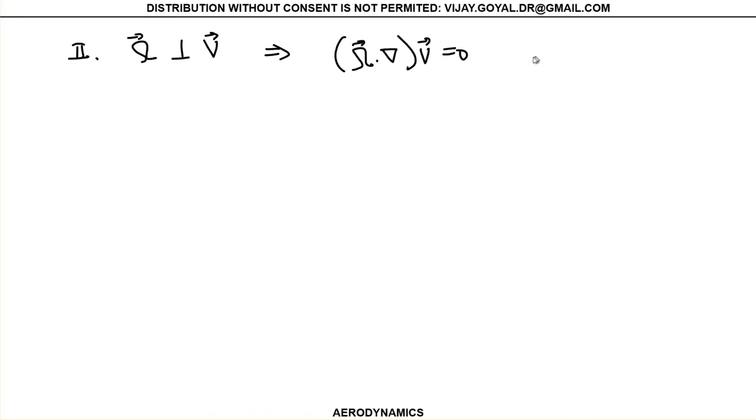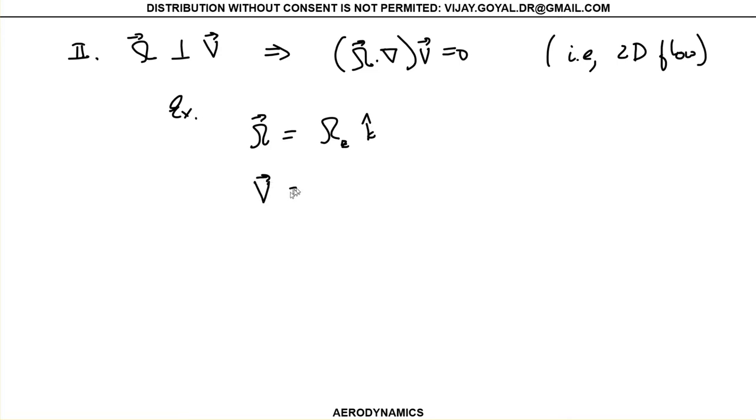And this is true especially for two-dimensional flow. As an example to understand this, the vorticity is in the z direction, in this direction, and your velocity vector is u i plus v j.